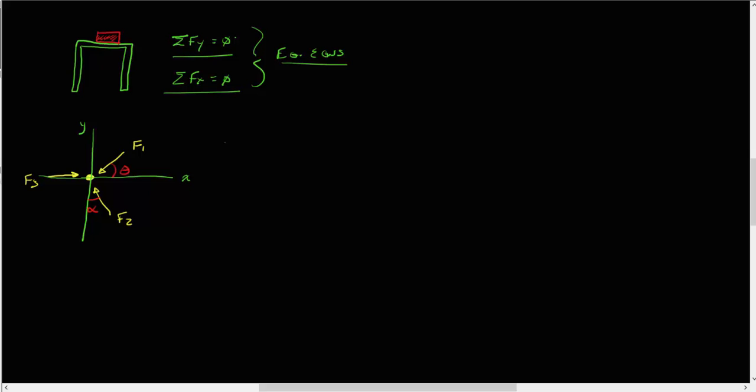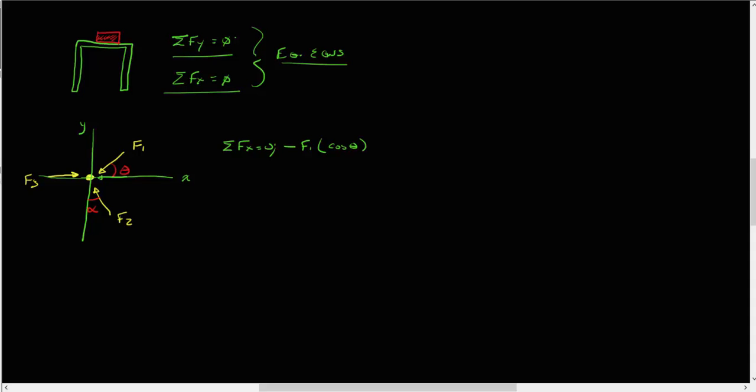then I can come in and say that if I sum all my forces in the x, it is equal to 0, it's in equilibrium, meaning that force 1 is acting in a negative x direction. You can see that going this way. It's a negative F1, and that would be cosine of theta.